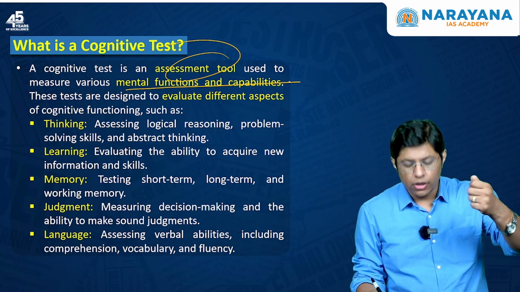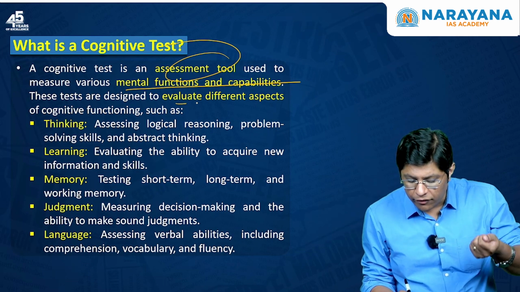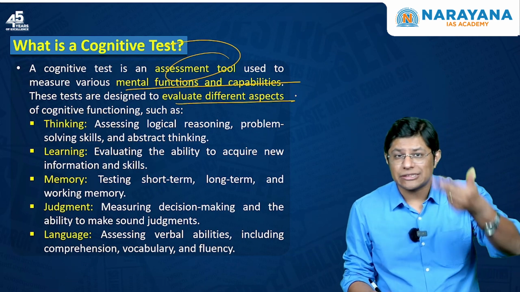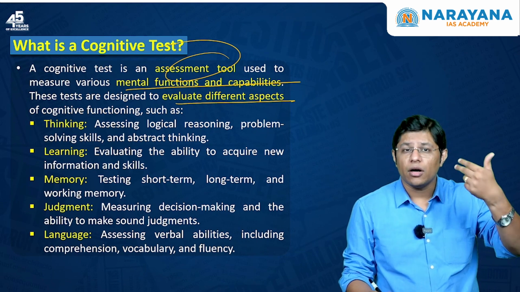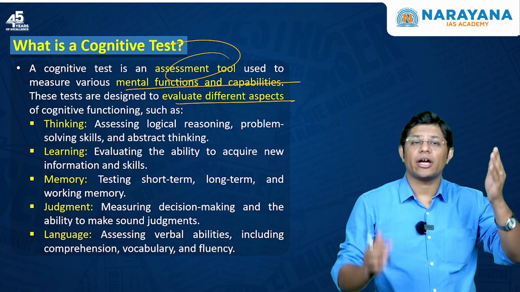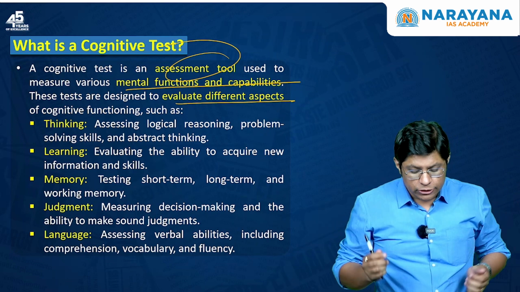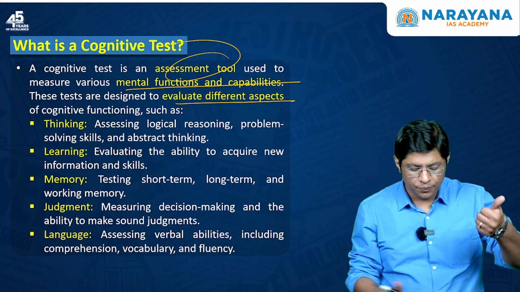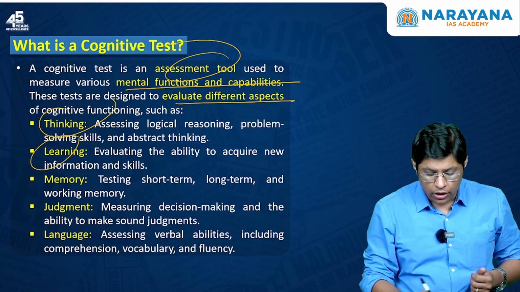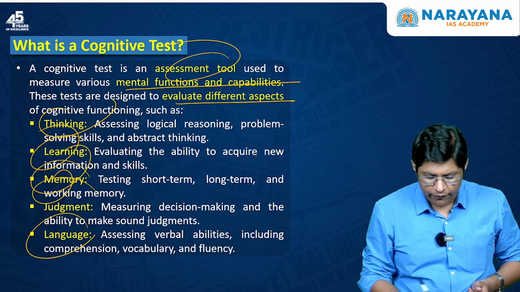Now this tool is designed to evaluate different aspects of cognitive functioning, different aspects of your understanding or your ability to perceive things. So the test is designed to evaluate which different aspects? One, your thinking, your learning, your memory, your judgment, your language.